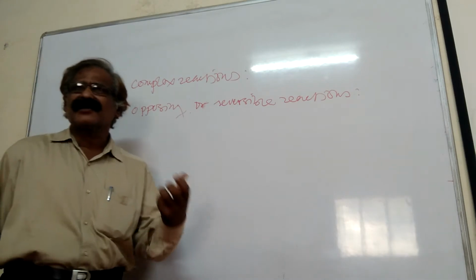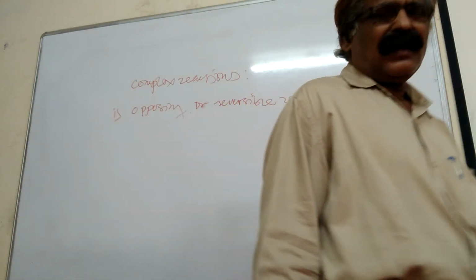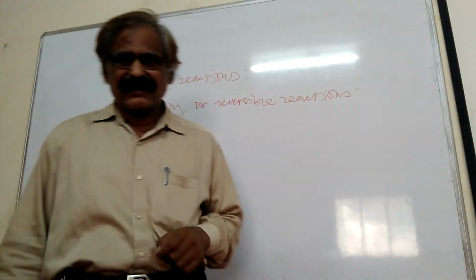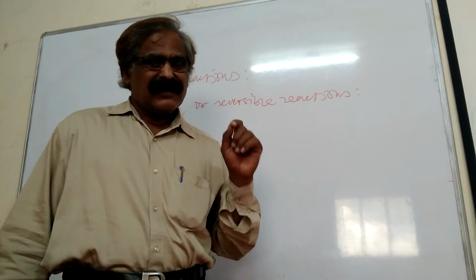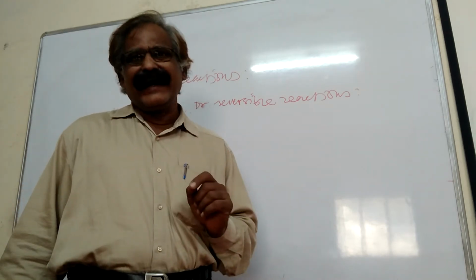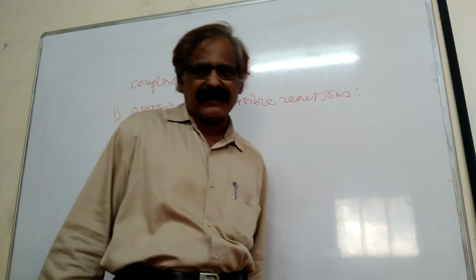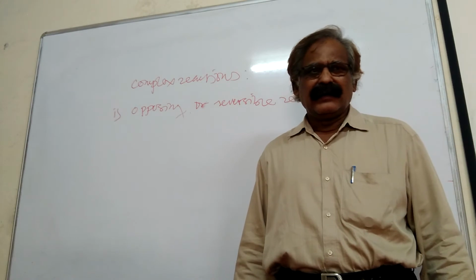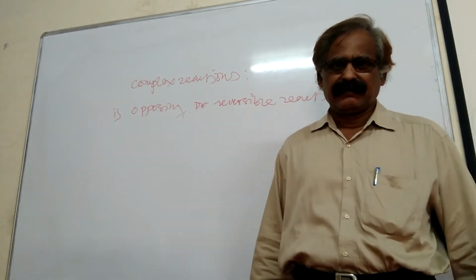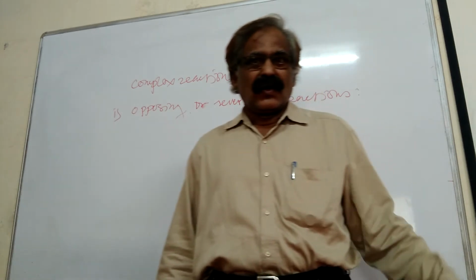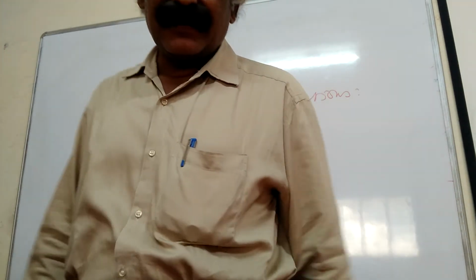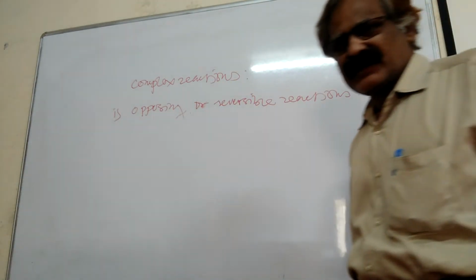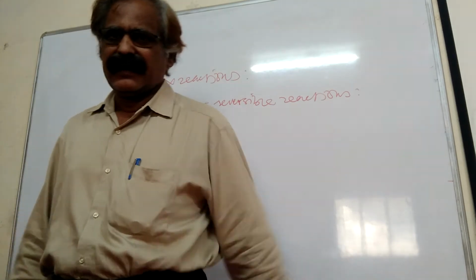So what are opposing reactions or reversible reactions? The chemical reactions which take place at a considerable rate in a forward direction, and at the same time go in backward direction at a remarkable rate, are known as opposing reactions or reversible reactions.